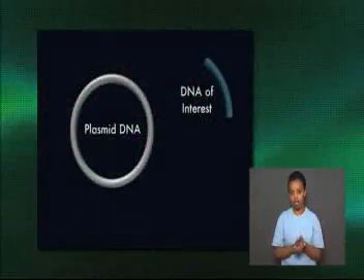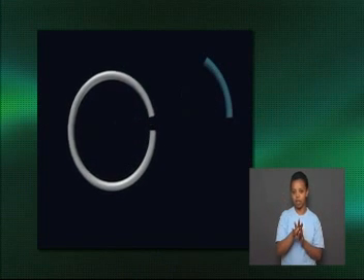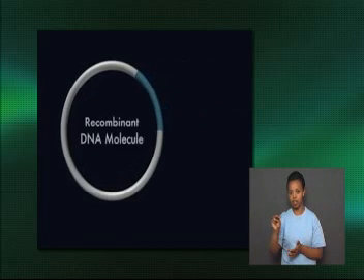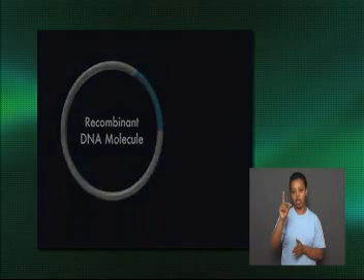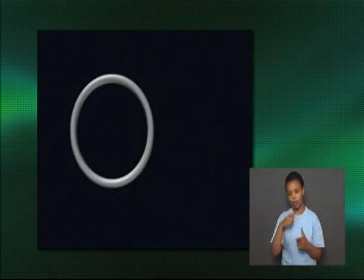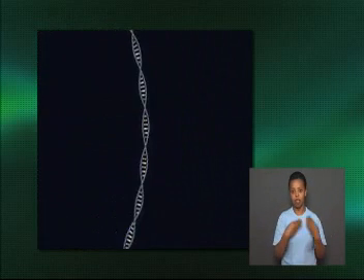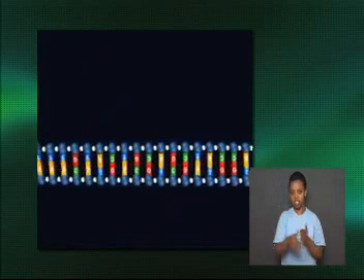Let us now go through the stages of genetic engineering. First, plasmids are isolated from a bacterium. The plasmids are opened with a specific restriction endonuclease enzyme. The gene to be transferred is cut from the donor DNA using the same restriction endonuclease enzyme.